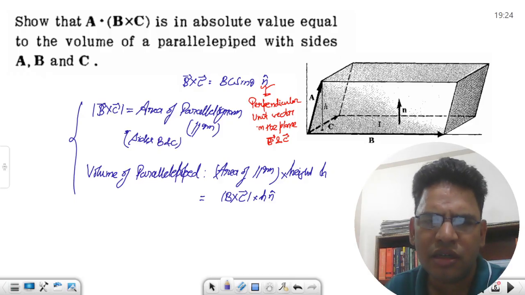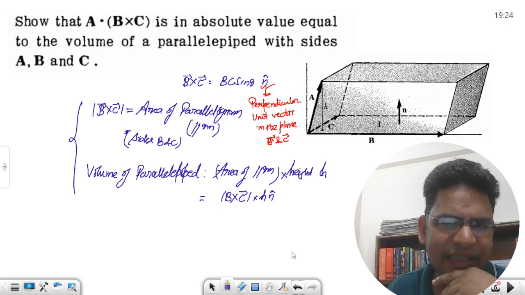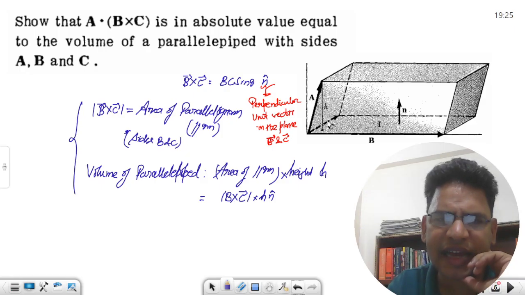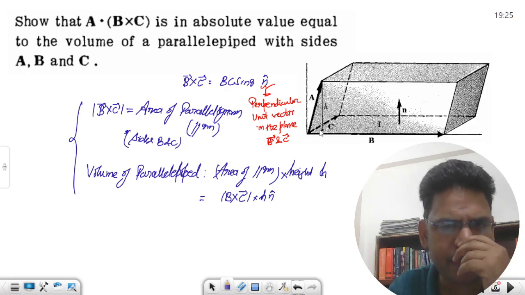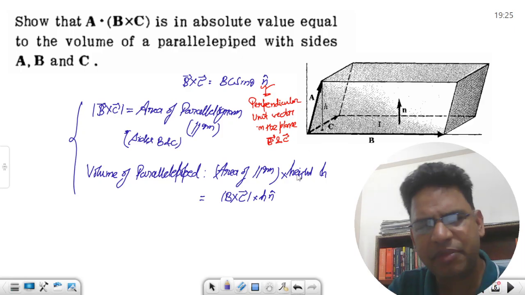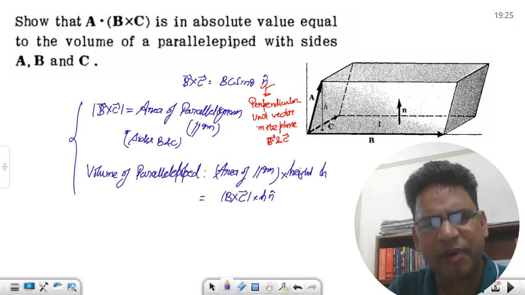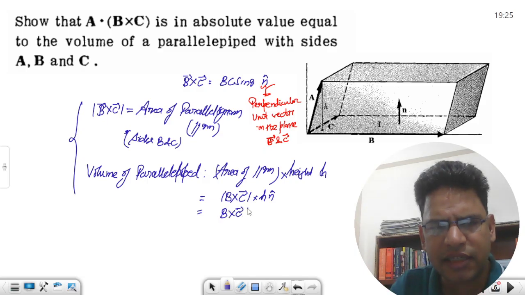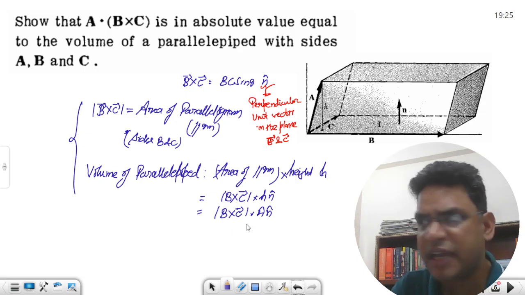The area vector, parallelepiped is basically height times the area vector in the n cap direction. So you can rewrite it as B cross C, the magnitude of the area vector, but in which direction, the n cap direction.